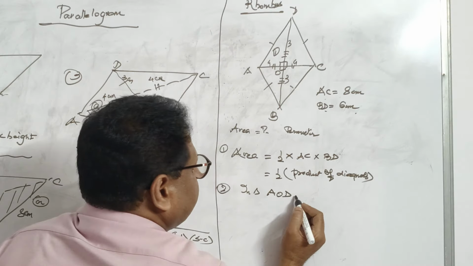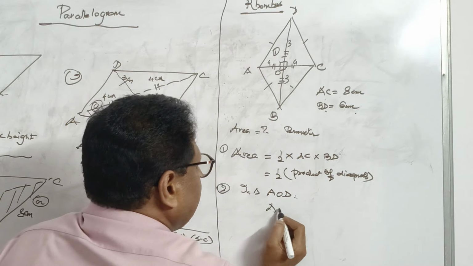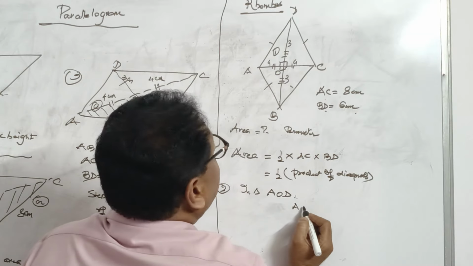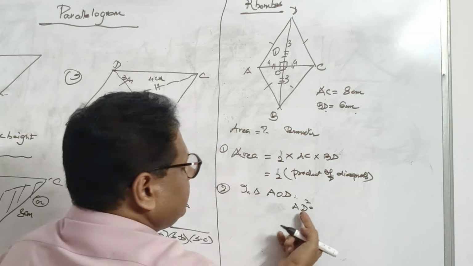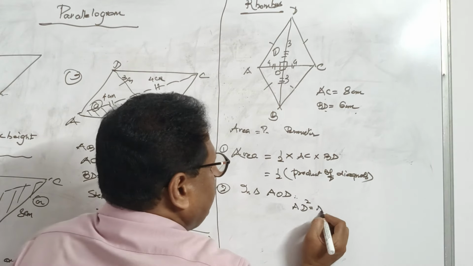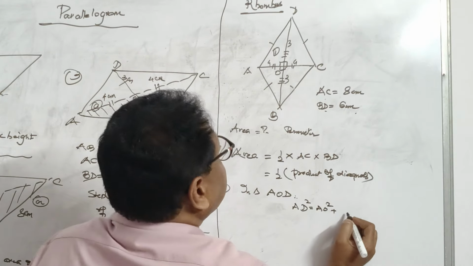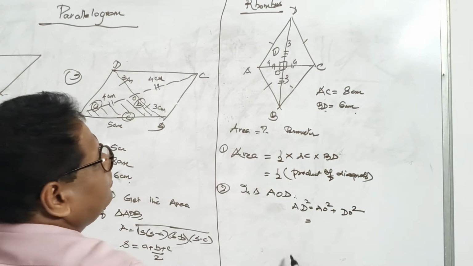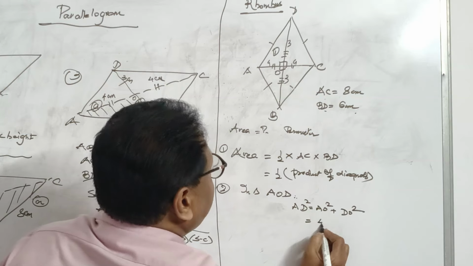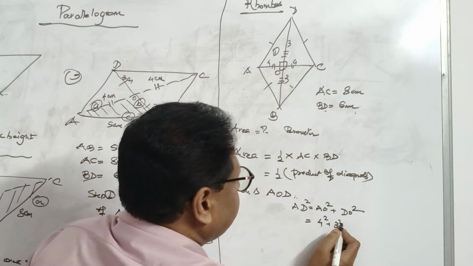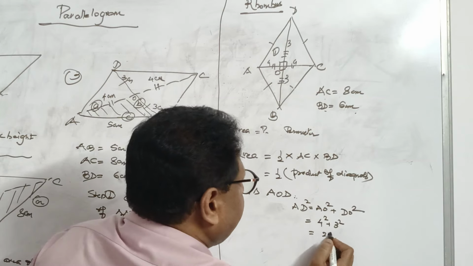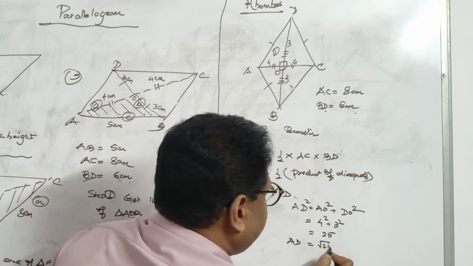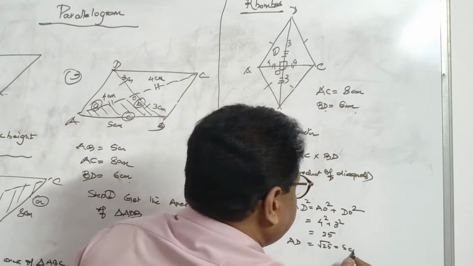You can apply Pythagoras theorem, that is AD square, which is one of the sides, equals AO square plus DO square. Now AO is 4, so 4 square plus 3 square comes to 25, and AD in this way comes to under root 25, that is 5 centimeter.